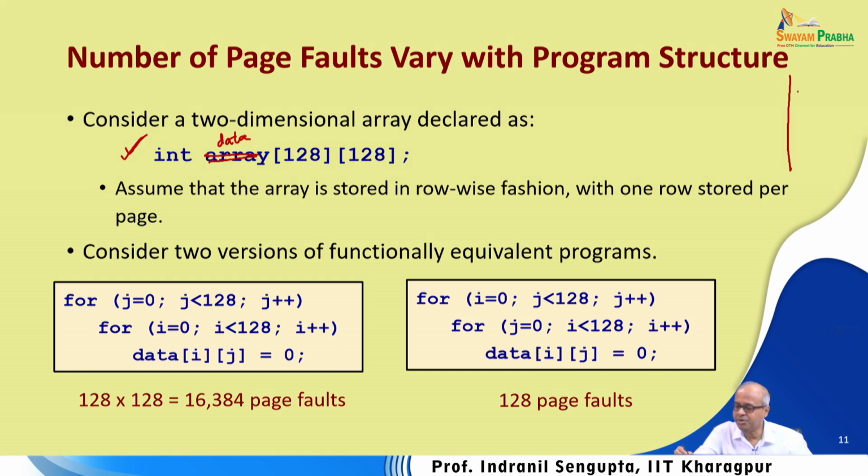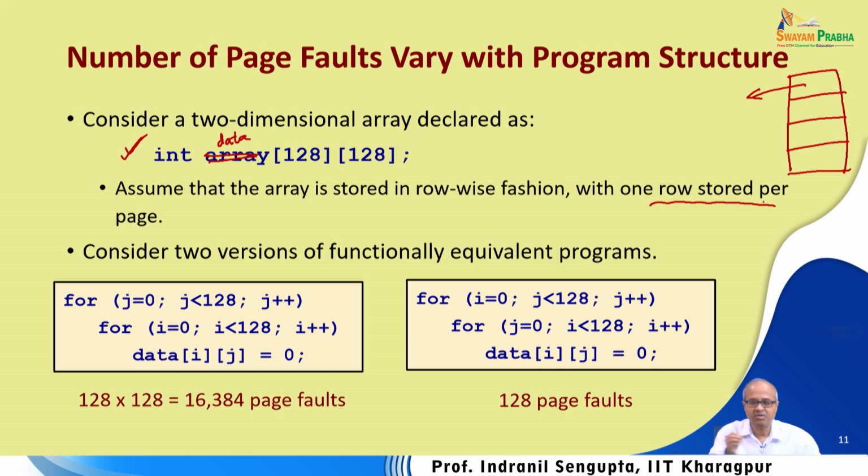So, in memory we have the pages, the page frames. Suppose these page frames are large enough so that they can store one row in every page. One row means 128 integers, and let us say every integer requires 4 bytes.